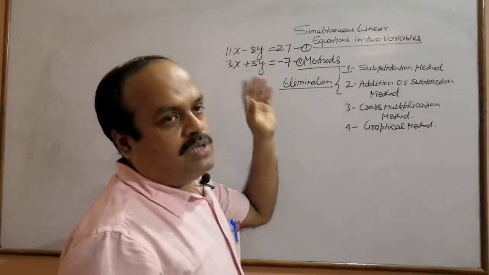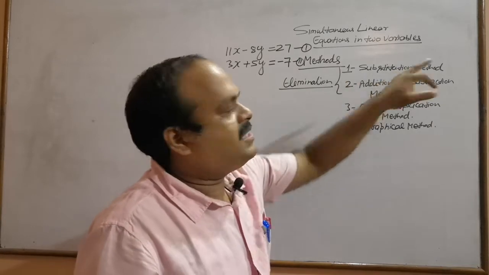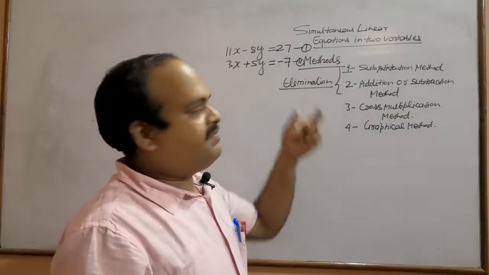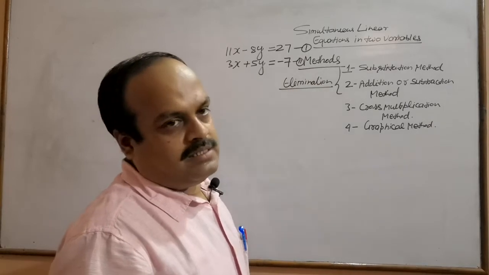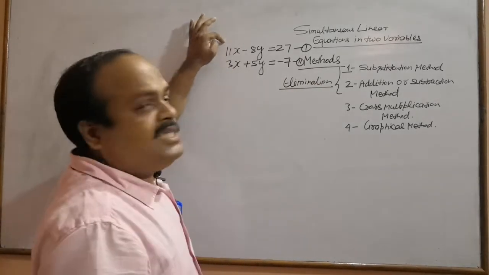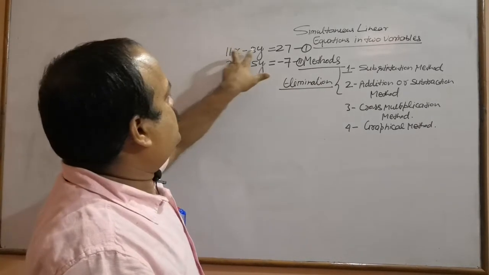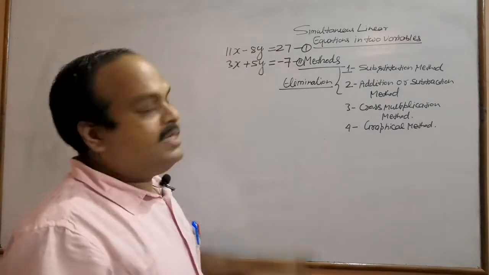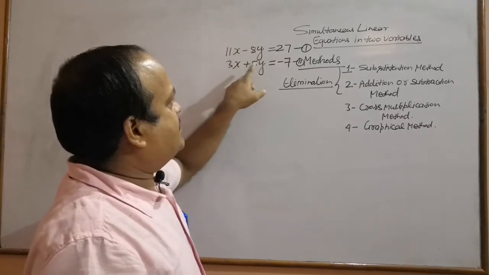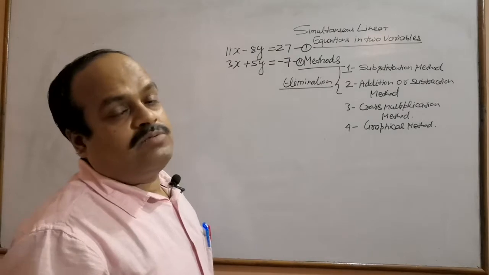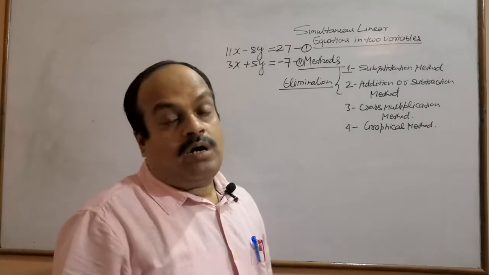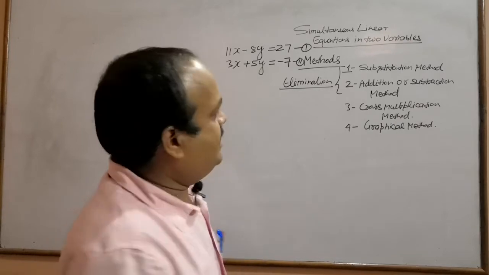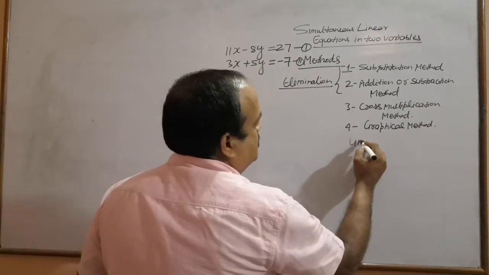Now I am going to solve using this substitution method. So for that I will have to do elimination. Each of the equations has two variables, x, y, x, y. These variables are also called unknowns.